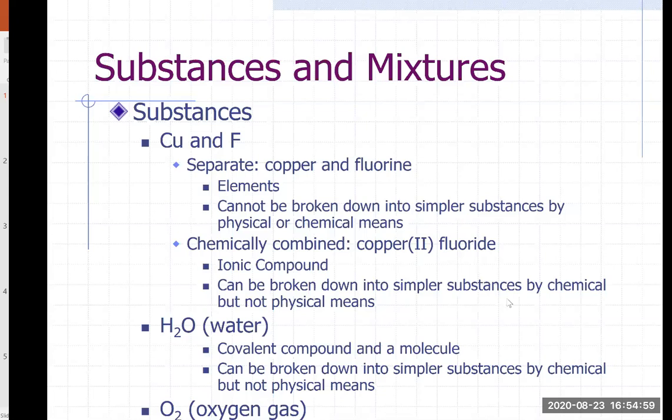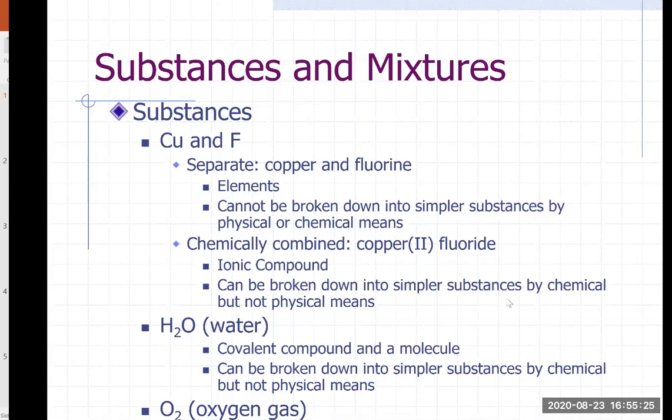Elements can become chemically combined, and so copper and fluorine can combine to form a compound, copper(II) fluoride. This is an ionic compound, can be broken down into simpler substances by chemical means, but not physical means. So again, compounds can be broken down into simpler substances by chemical means, not physical means.